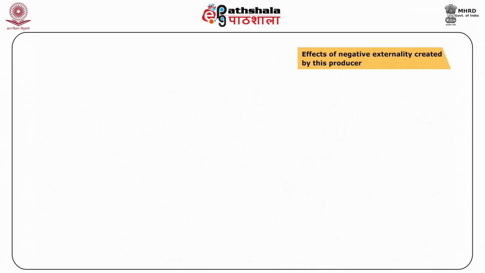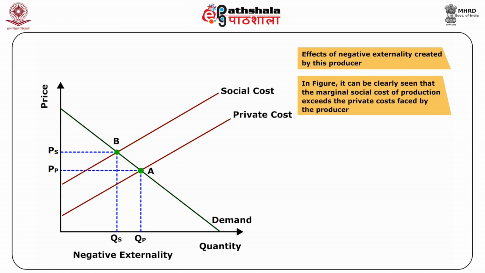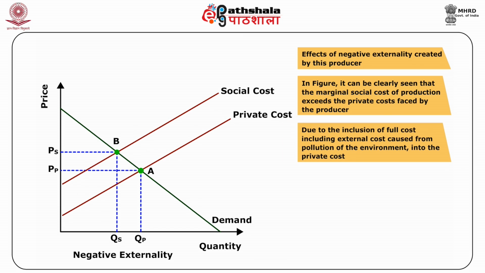The effects of negative externality created by this producer have been shown in the given figure. In the figure, it can be clearly seen that the marginal social cost of production exceeds the private cost faced by the producer. This is due to the inclusion of full cost including external cost caused by pollution of the environment into the private cost.